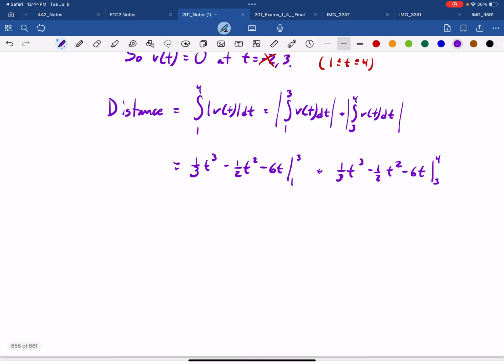And I think it's pretty clear that this first term is going to be positive, because this right here is just clearly bigger than what you subtract.